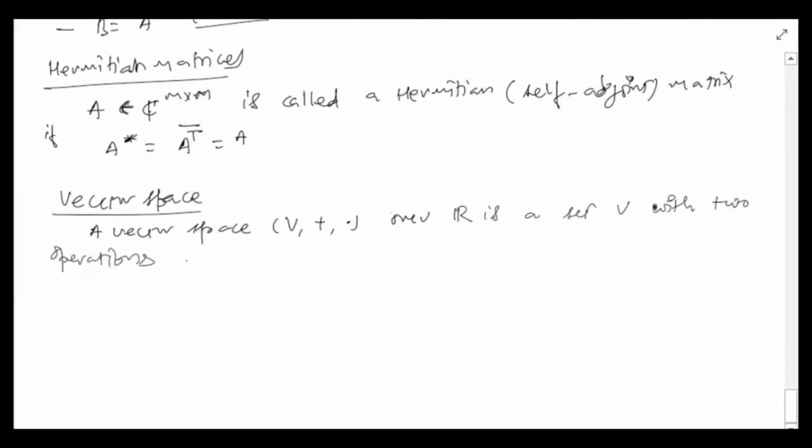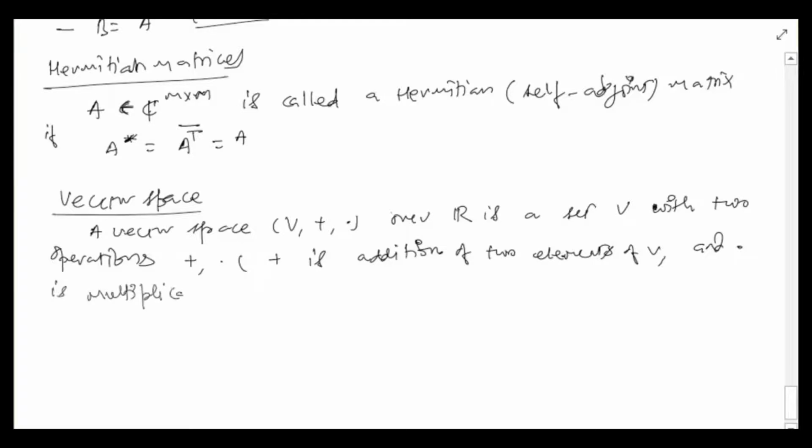As we see, those operations are plus and a dot. Here plus is addition of two elements from V, and dot is multiplication of an element of V with an element of R.